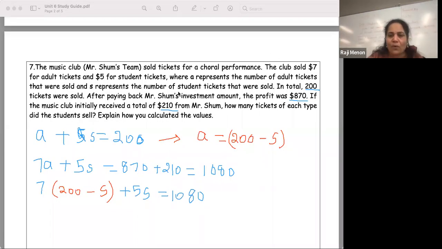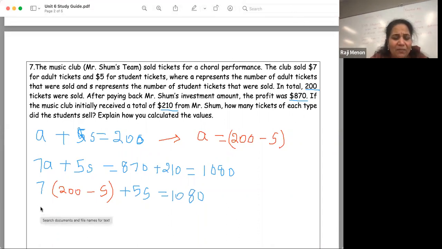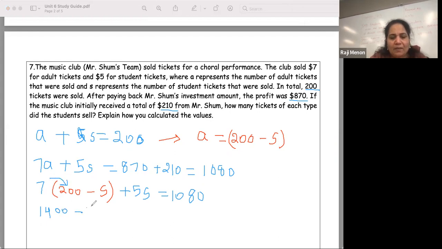Now you have to use the distributive property. Hope you remember your distributive properties. This is the reason this chapter is so hard for some students, because we have to remember everything from the past. Trust me. 1400, where am I getting the 1400? 7 times 200 minus 7 times S, plus 5S.